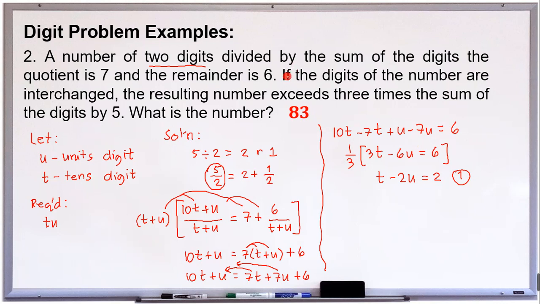So the second sentence states that if the digits of the number are interchanged, the resulting number exceeds 3 times the sum of the digits by 5. Now, we have a word here, exceeds.